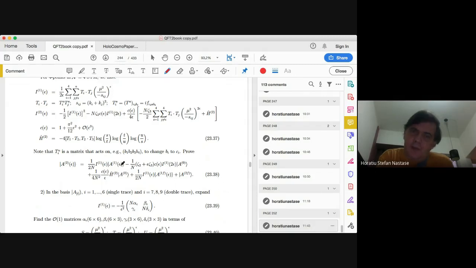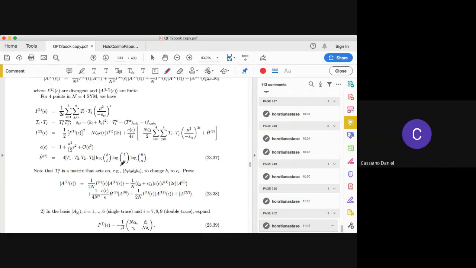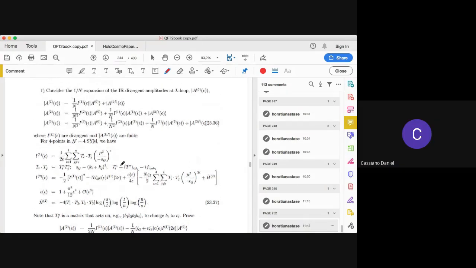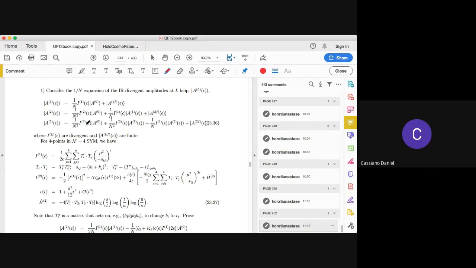So then also the basis must depend on epsilon. But that's one way of thinking about it. In some cases it depends on epsilon, in some others you wrote it without an epsilon.